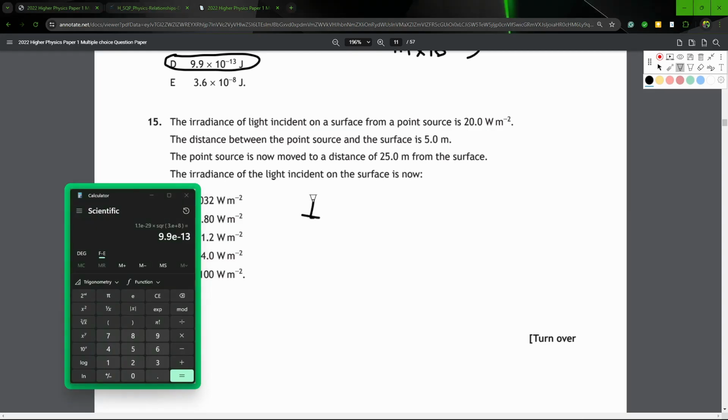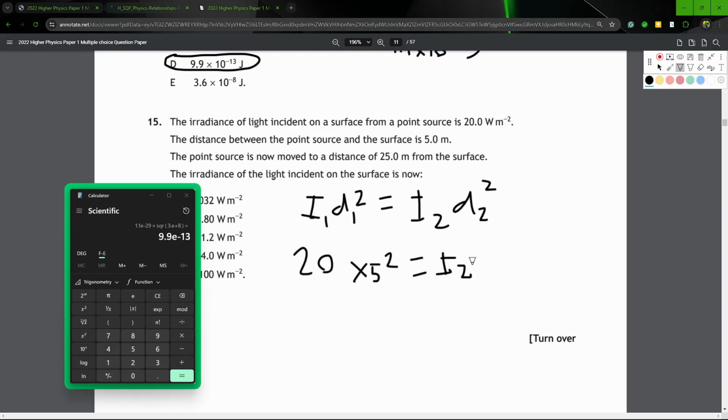So what we work out here is using the irradiance formula. So I1 distance 1 squared equals I2 distance 2 squared. So irradiance of the point is 20, and then it's originally 5, but then it gets moved to 25 meters.